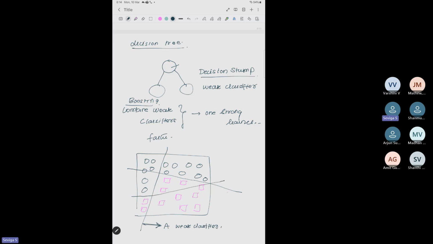Let this classifier be B and let this classifier be C. This is the positive side of B, and this is the positive side of C. So we have 3 classifiers, and how many regions? 1, 2, 3, 4, 5, 6. So we have got 6 regions. Maybe I can draw this classifier a little better.